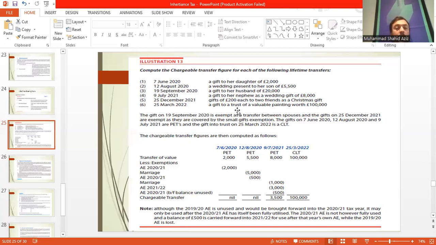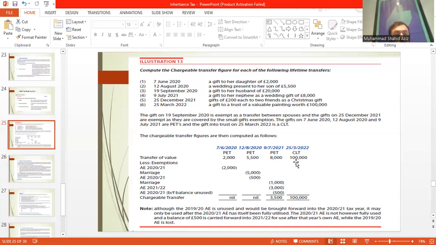And a gift of £200; as we said, any gift of less than £250 is exempt. A gift to a trust: trust is a CLT, so CLT is £100,000.